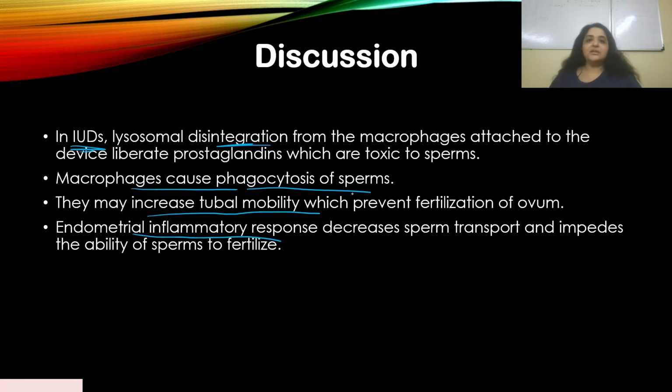In your NCERT, it says just that sperm motility is decreased and fertilization does not happen with the help of sperms. But how do the copper ions affect that? There's an endometrial inflammatory response, which decreases this.